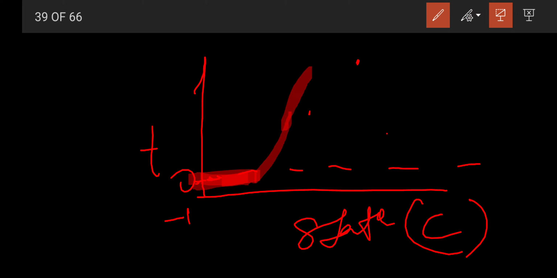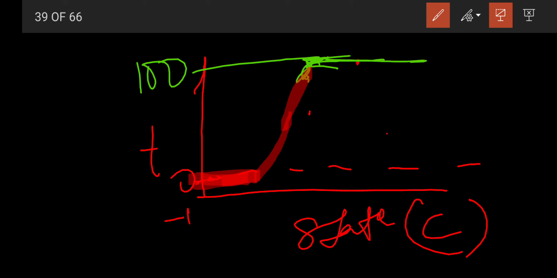Now see, suppose 100 degrees is achieved at this point. So what will happen? The liquid water starts vaporizing. So one water, two water, three water, 4 mole of water, and all the water starts vaporizing until all water gets transformed into gas. The temperature will not rise, right?